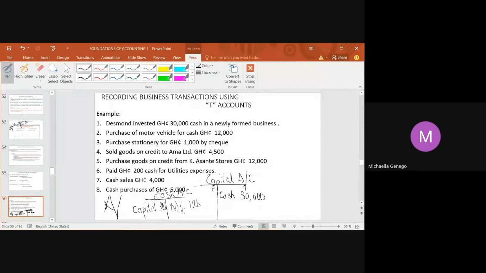Exactly. And you remember we've created these two accounts already. Do you remember? Where did we create them? Which number gave us the sales account?